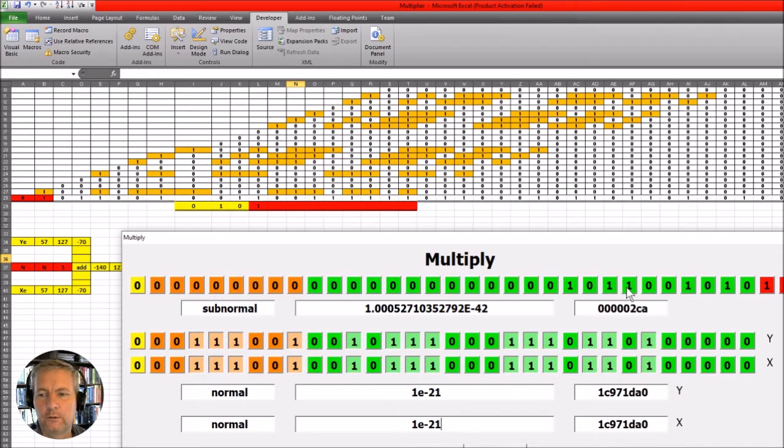So let's continue looking along this number. We've got 1011, then there's 00, which is these two bits here, and then we're going to have a 1, which is this bit, and the last three bits are going to be the value of 010. But the last three bits we've got here aren't 010. The last three bits are 001.